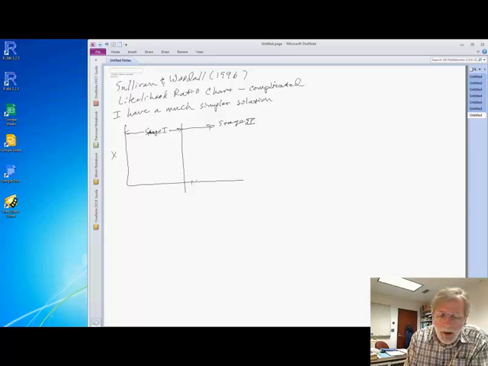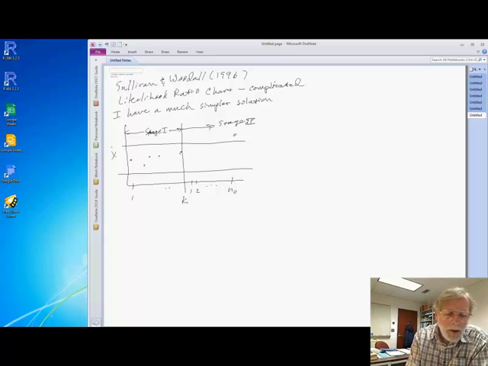And you're going along, and at the n0th point, you get a signal. You got your limits, and say you get a point up here. Upper control limit, lower control limit.